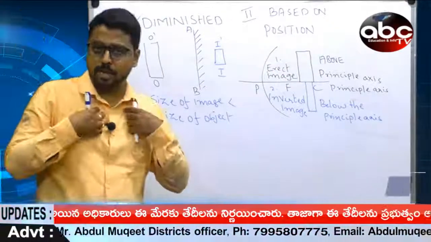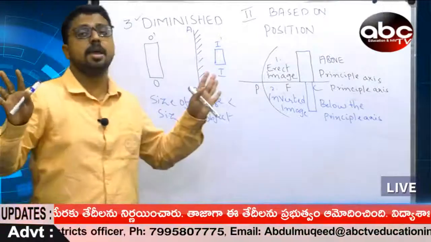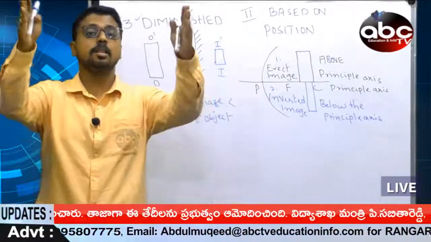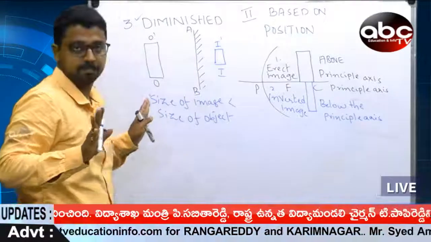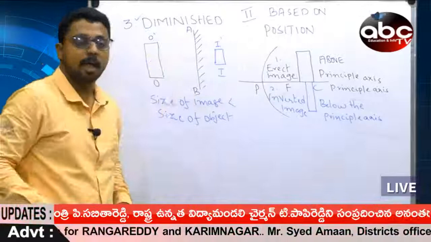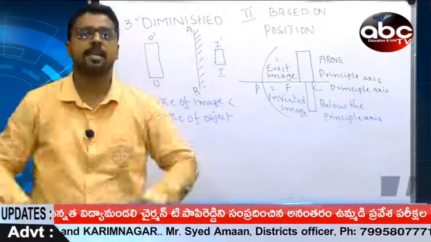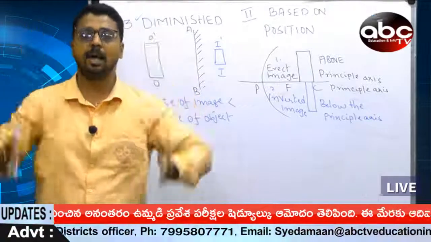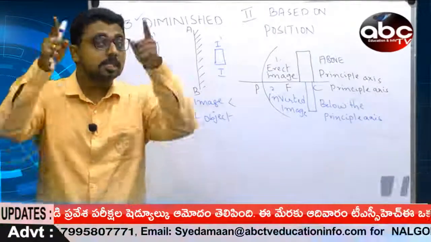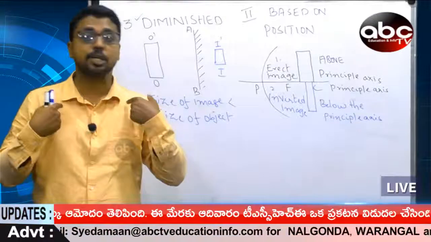Simply, I would like to give you an example. I am standing in front of a mirror in my room and I am seeing myself. My head is on the top, my legs are down. This is a correct representation of myself.